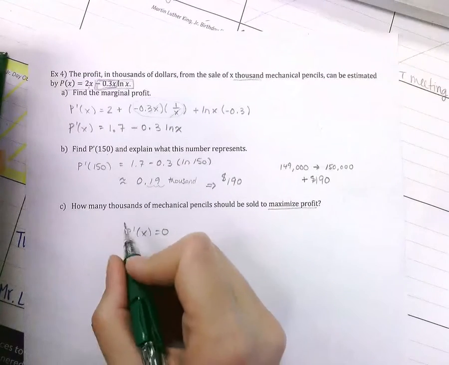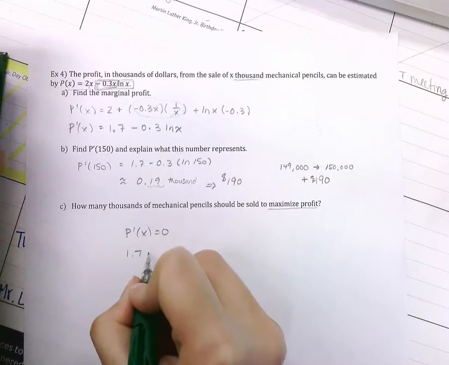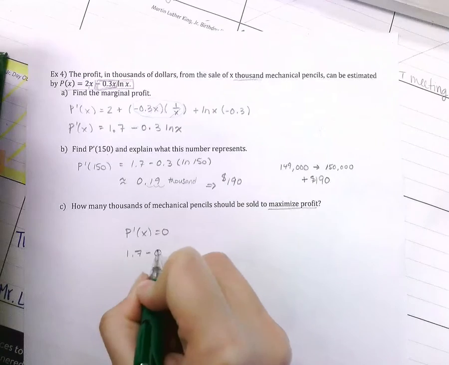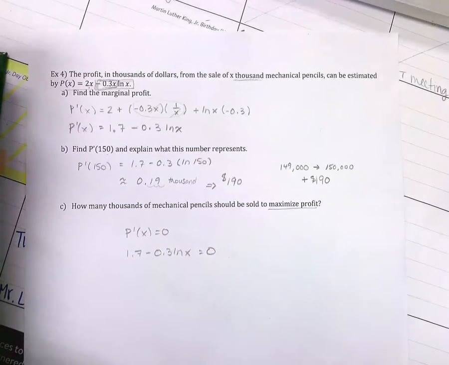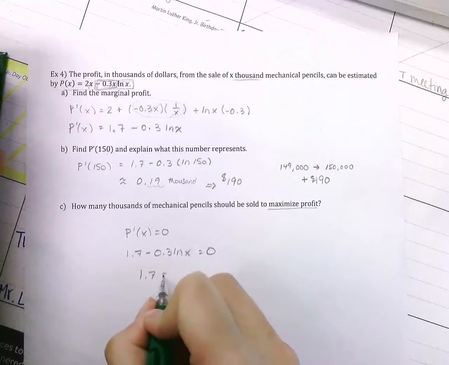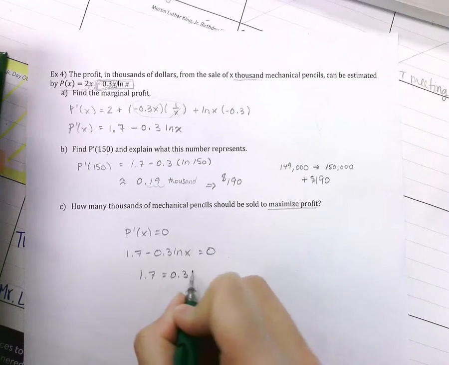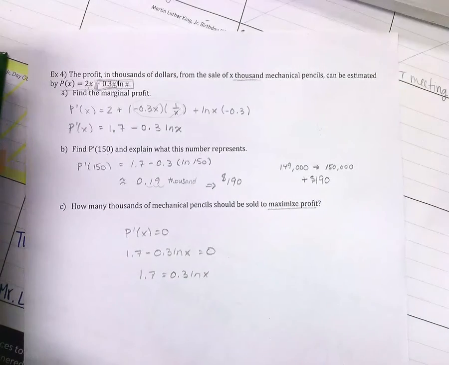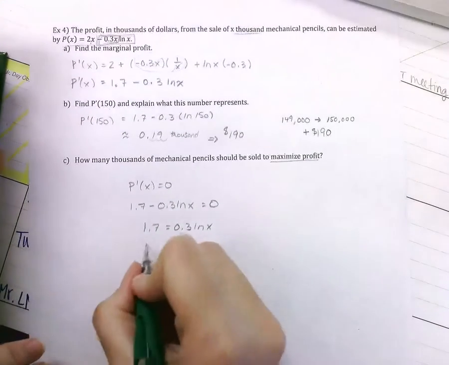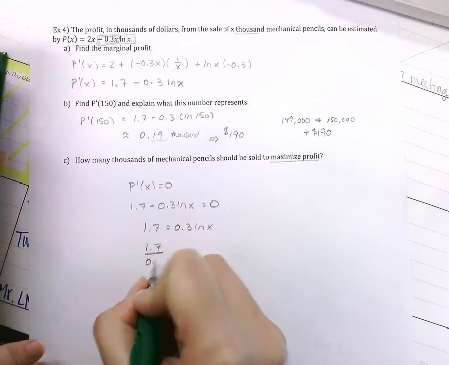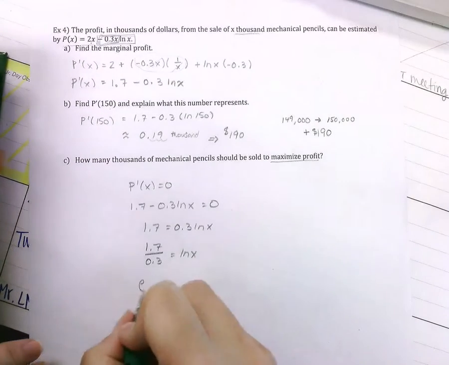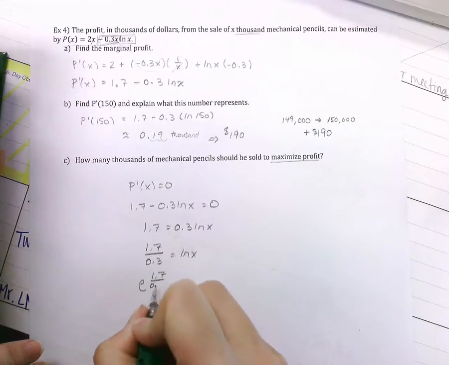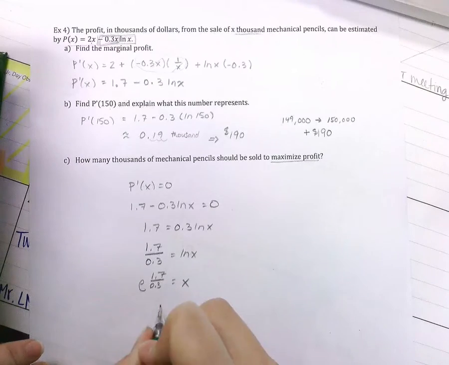All right, so our derivative was 1.7 minus 0.3 ln x. Set that equal to 0. You can add the 0.3 natural log of x. Divide by 0.3. And then e to the 1.7 over 0.3 is going to be our x.